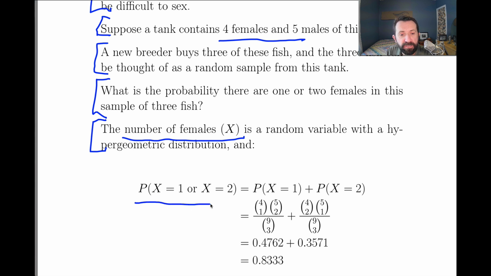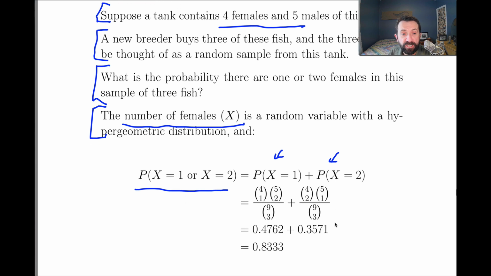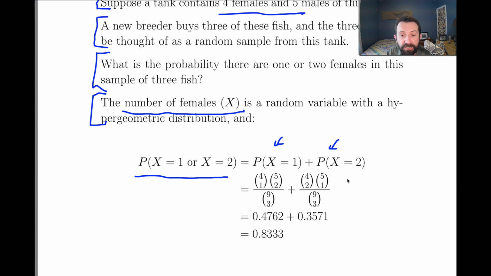So we want the probability that the number of females is either 1 or 2. Well, it's a discrete probability distribution, so we need to figure out the probability that x takes on the value 1 and add that to the probability that x takes on the value 2. We just use the probability mass function for this, which we can do here.